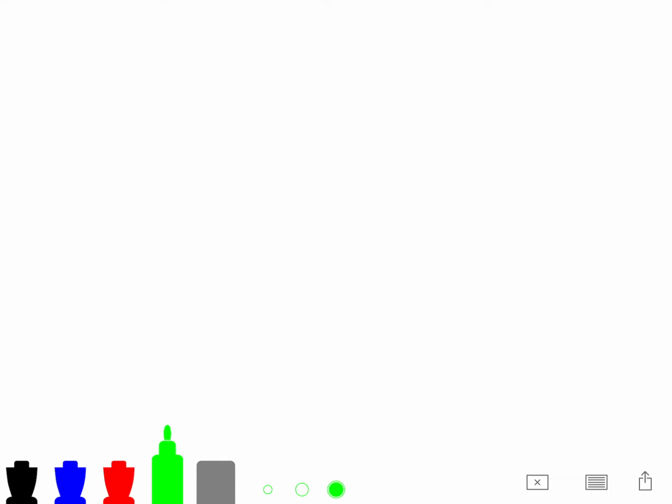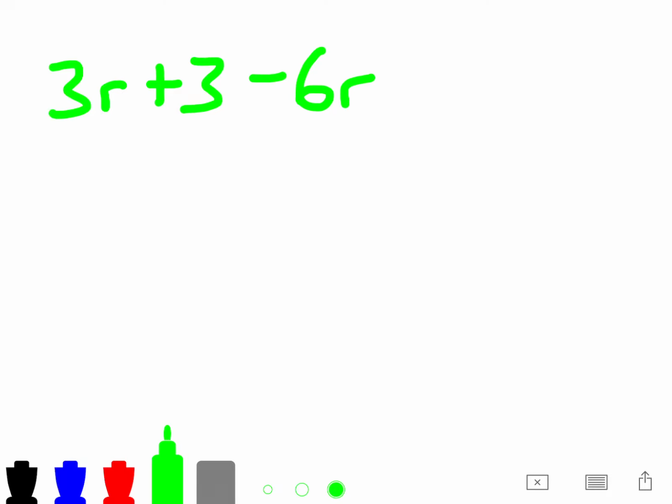So let's take a look at some tougher examples. Let's say we've got 3r plus 3 minus 6r. Okay, so here we have some things we can combine and some things that we can't. Remember our first two rules, or our only two rules. Do they have the same letter?